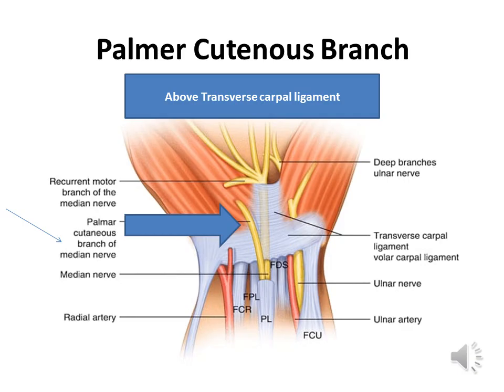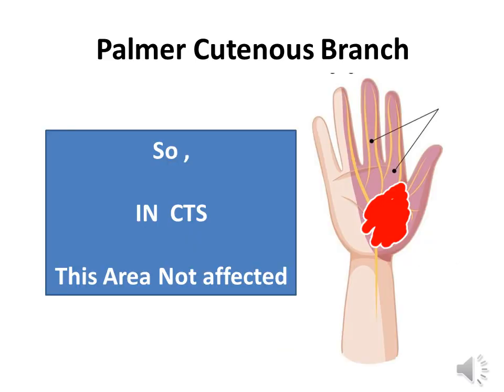It lies above the transverse carpal ligament. It supplies this red area of the palmar skin. So in carpal tunnel syndrome, this area is not affected, as the branch lies superficial to the transverse carpal ligament. It's a very important note.